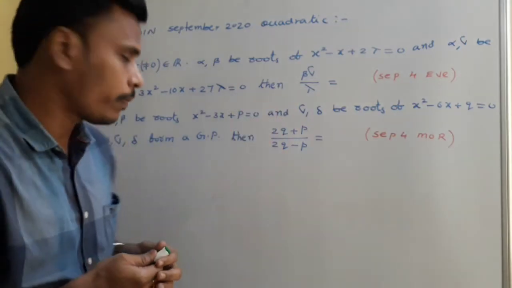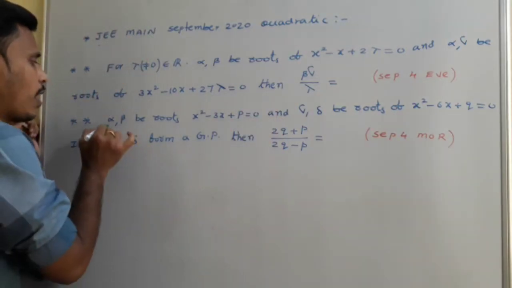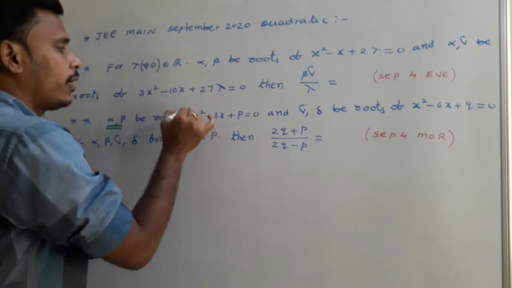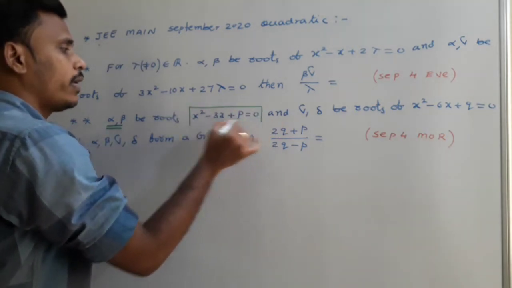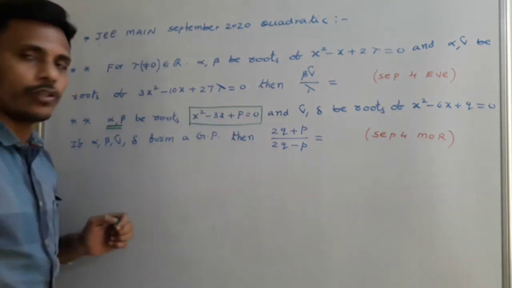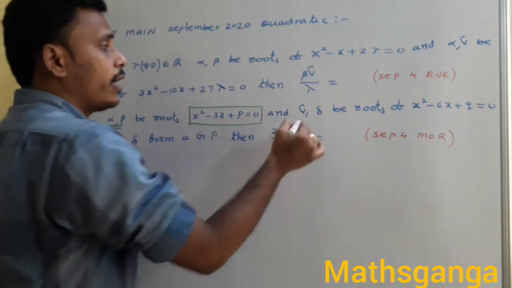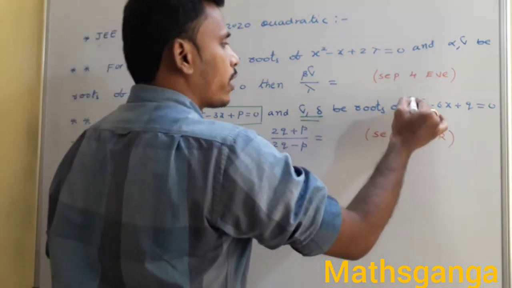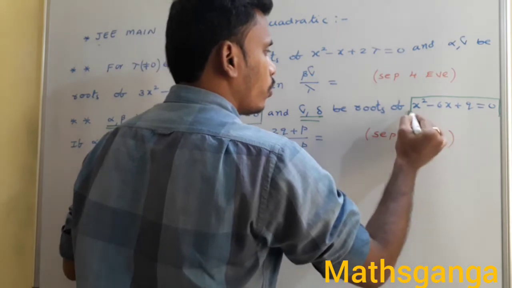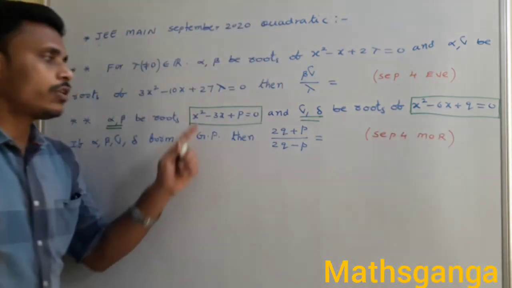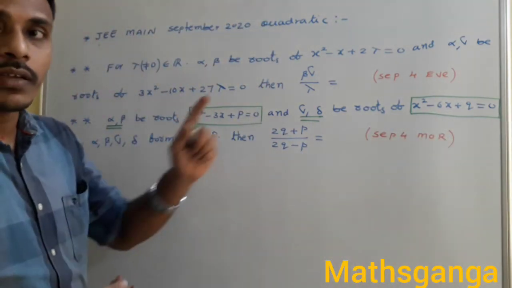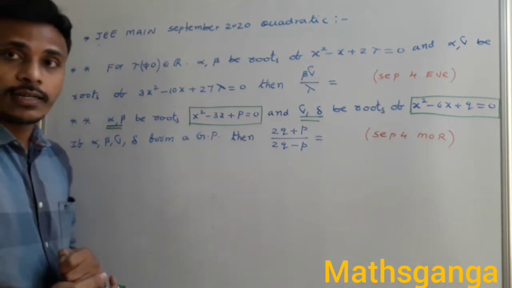So first of all this question, as they mentioned, alpha beta be the roots of x square minus 3x plus p is equals to 0 and gamma delta be the roots of x square minus 6x plus q is equals to 0. So this equation has two roots alpha beta and that equation has two roots gamma delta.